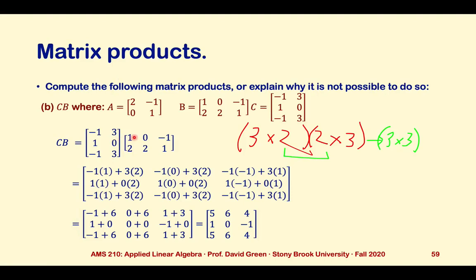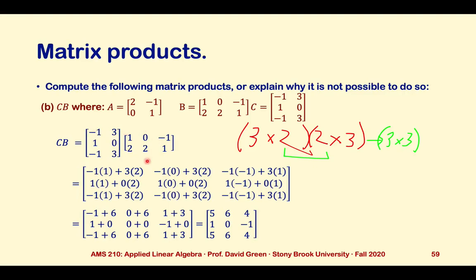Let's now go through and evaluate this. I'm going to do this one a little bit more quickly than the first one because we've already gone through one product in detail. To complete the first row of this 3 by 3 answer, we work with the first row of C and then each column of B. First row of C and the first column of B, -1 times 1, plus 3 times 2 is -1 plus 6 is 5.